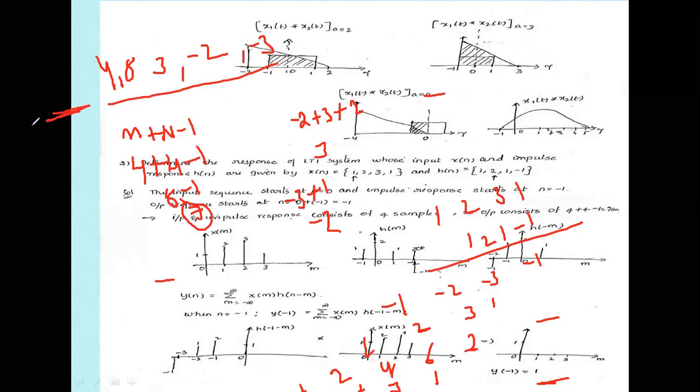Before the 4 means that n is equal to minus 1 and n is equal to minus 2 also you have to find. Got it, my students? We started at n is equal to minus 1. Okay. And before that values also you have to find out to get the values: minus 1 here, minus 3, and 3.